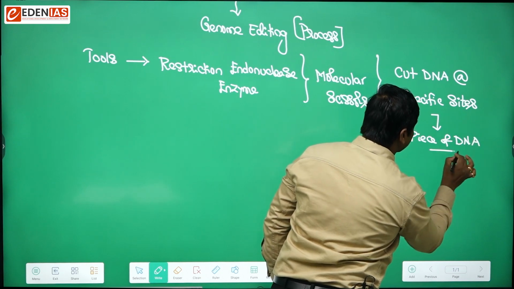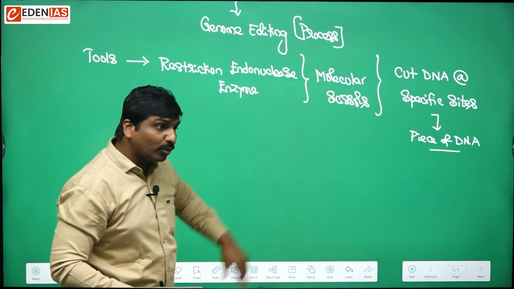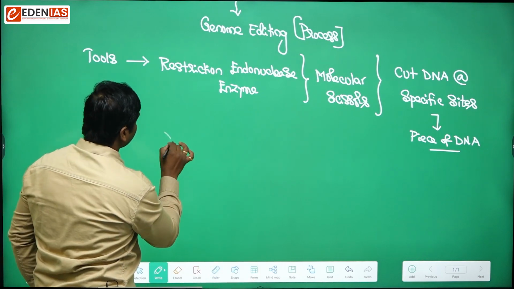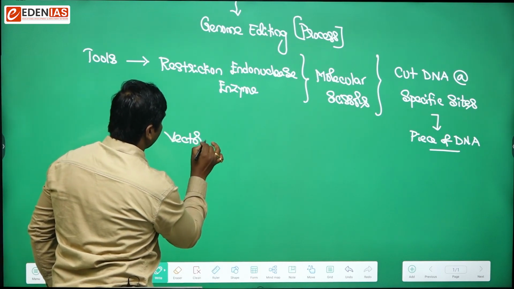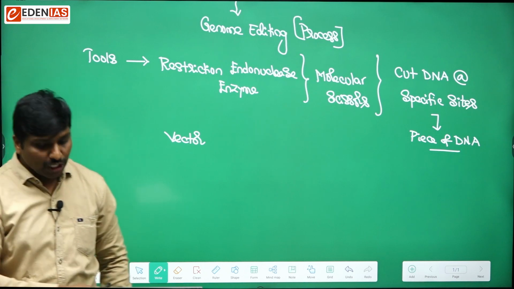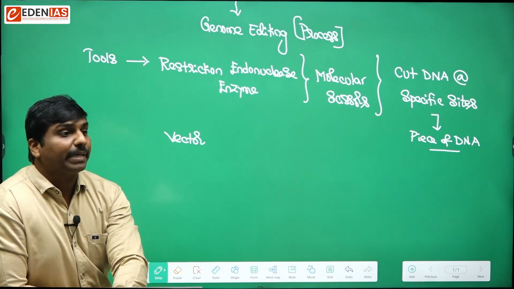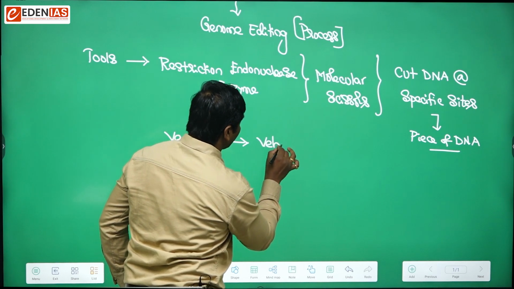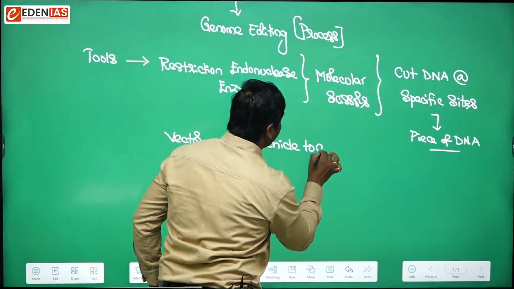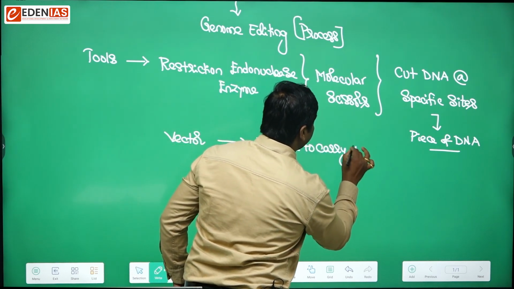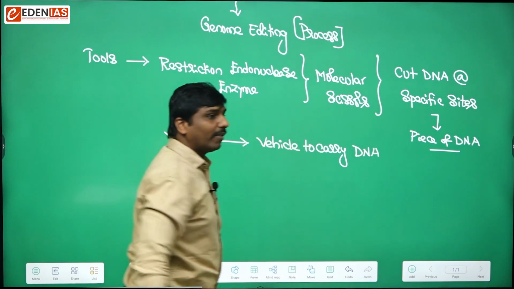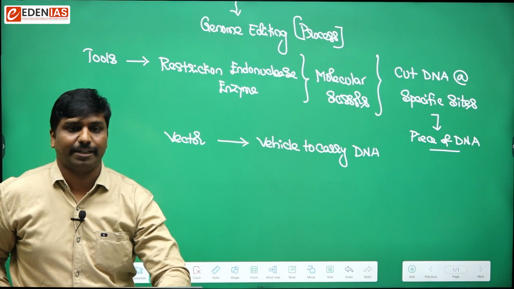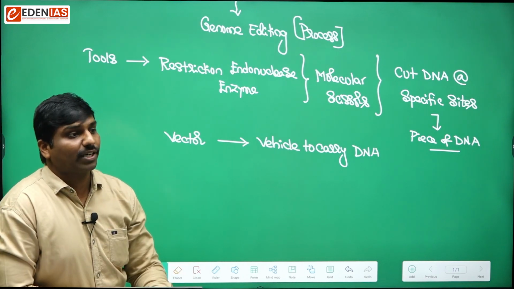To transfer this piece of DNA to other genes, we will have something called a vector. A vector is simply the vehicle to carry DNA from one organism to another organism, or from one DNA to another DNA. This is the function of a vector.